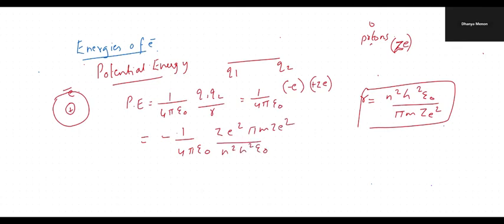So what did I just do? I substituted the value of R. Okay, so this is by R, sorry. Students, this is the potential energy that I got.